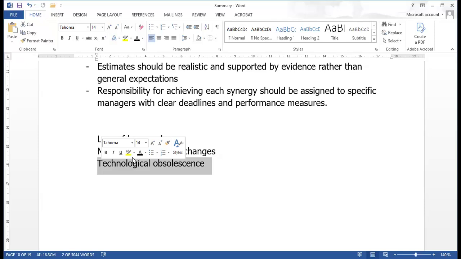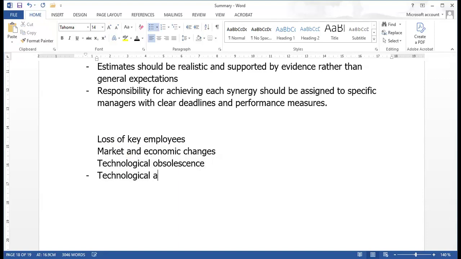So how you should safeguard that is that you conduct a technological and operational review during the due diligence.